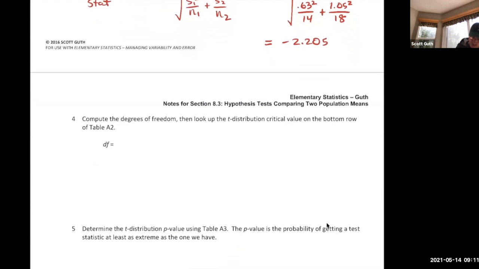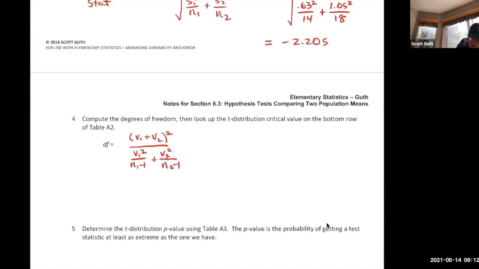So here's a formula. In the numerator, I'm going to do V1 plus V2, and I'll tell you what V1 and V2 are in a sec. That quantity is squared. In the denominator, it's over V1 squared over N1 minus 1 plus V2 squared over N2 minus 1.